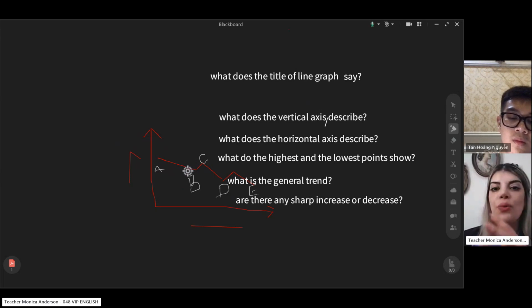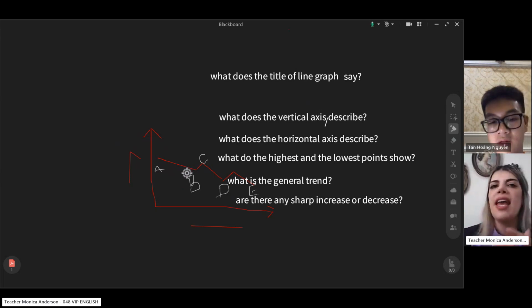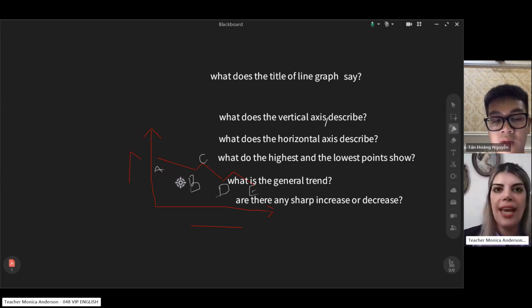They are the same. So this is my general view. I can't see any significant or sharp changes in these points. Okay? Get it? Yes.